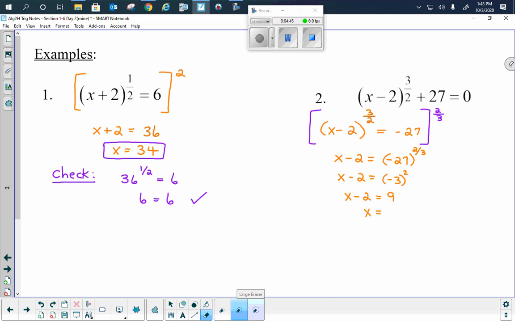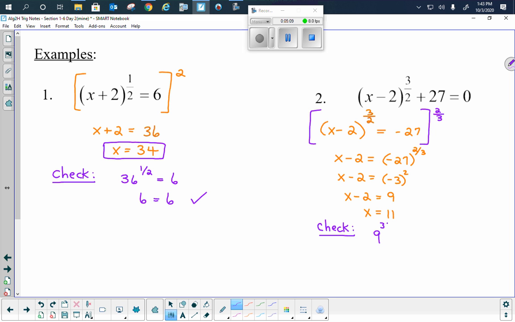So if x equals 11, I now need to do that check step again, because I squared something, right? Because we raised it to the power of 2/3. So the 2 is the squaring. Checking this, if I plug in 11, 11 minus 2 in the original problem would be 9.